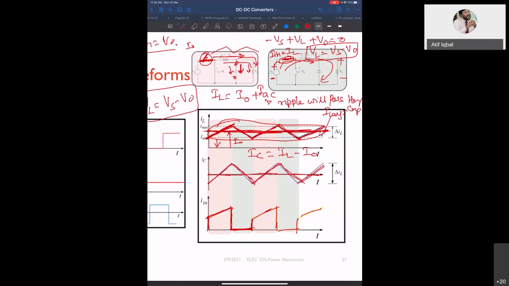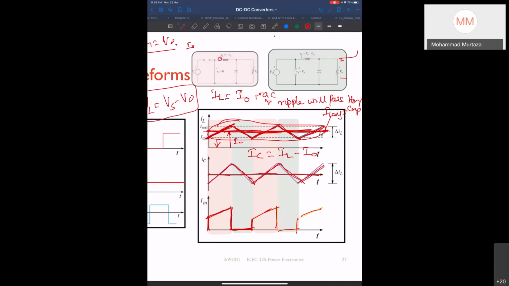When the switch is off, whatever this voltage is, it is the same as your load voltage. Tell me what the voltage across the inductor will be when the switch is off. Here it is the same as the load, but it will be negative because the inductor is discharging.